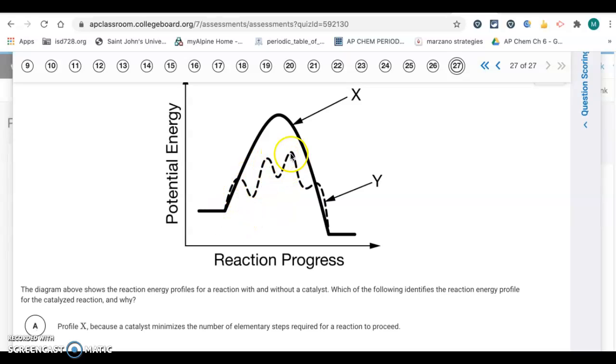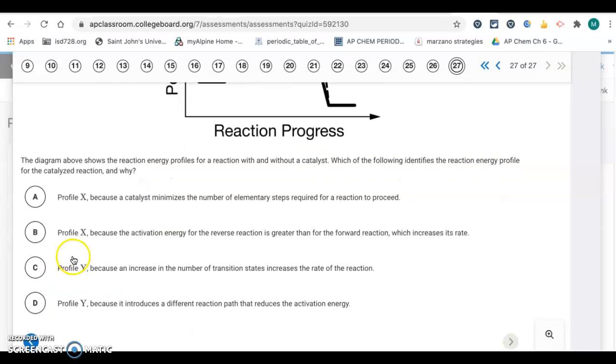It's the simple fact that it doesn't get to the same height as X. So this is a lower energy path to get from reactant to product. So Y has to be the catalyzed pathway. So let's see, it's either C or D.